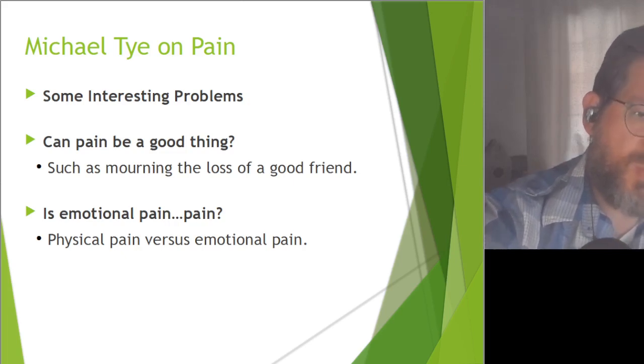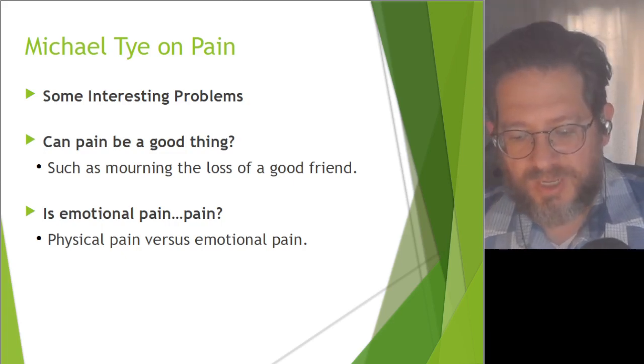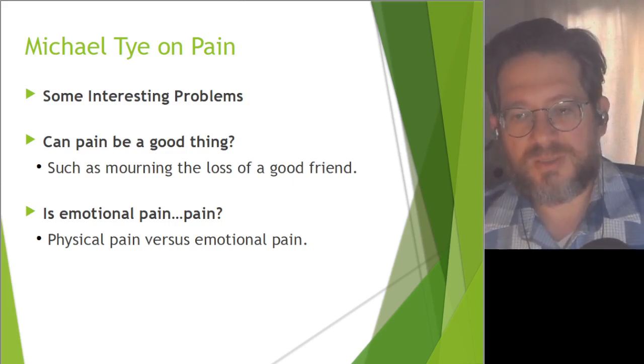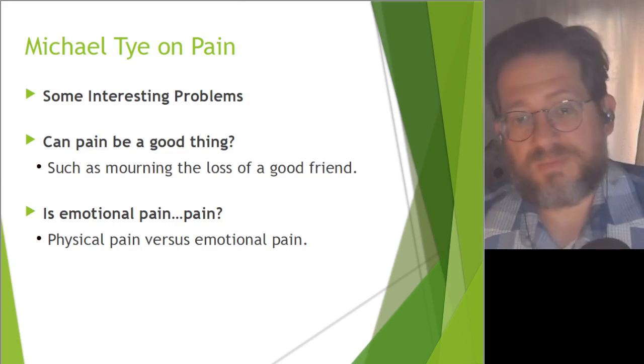Actually, I just want to bring up one other interesting issue, and that's the Purple Heart. Right? It's a medal awarded for combat veterans who have been injured in the line of duty. And basically, it's if you shed blood. So it's a physical injury.